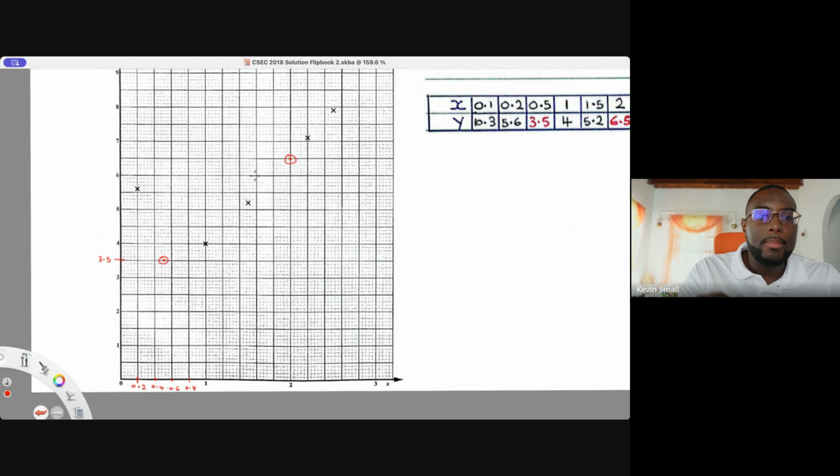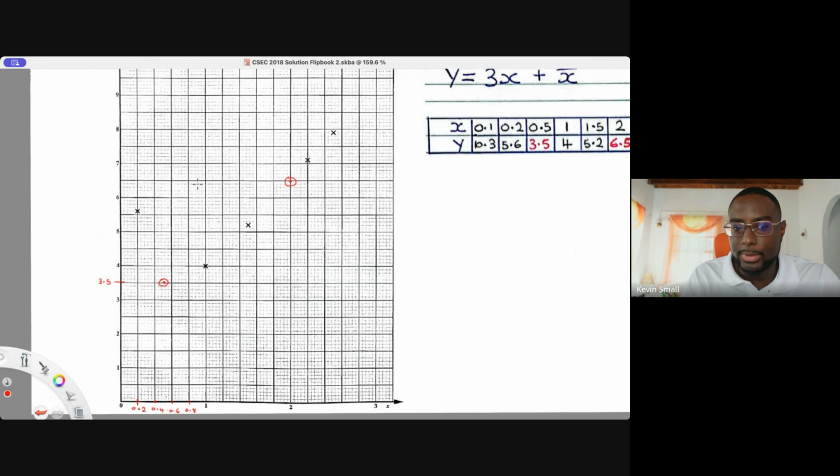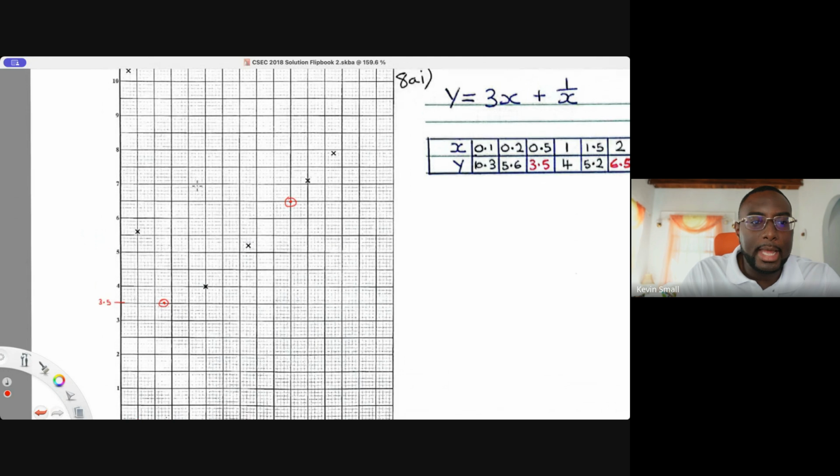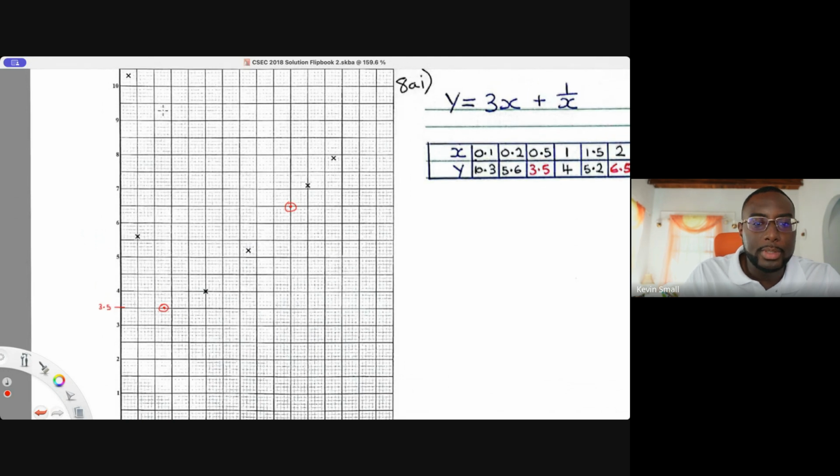My goal now is to draw a smooth curve through these points. Now this is going to be ridiculously hard, granted that I am on a computer, but for you all who may have the paper in hand, try your best to draw a smooth curve that comes through the points.